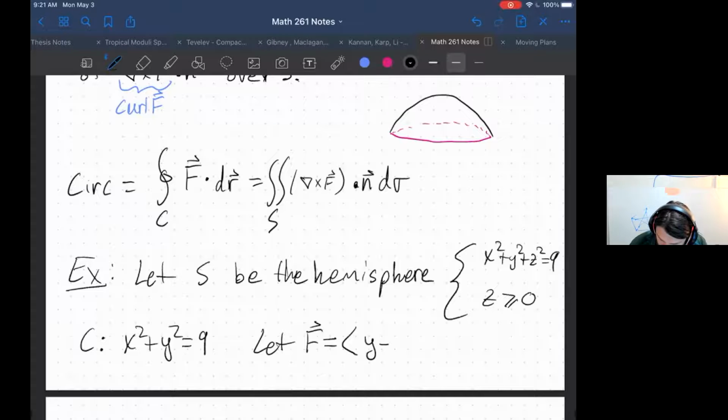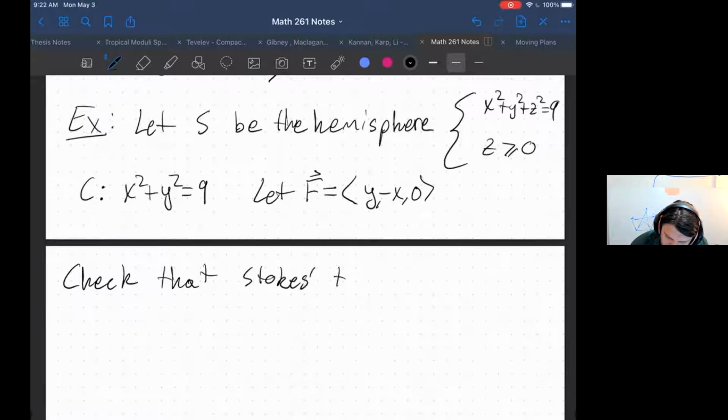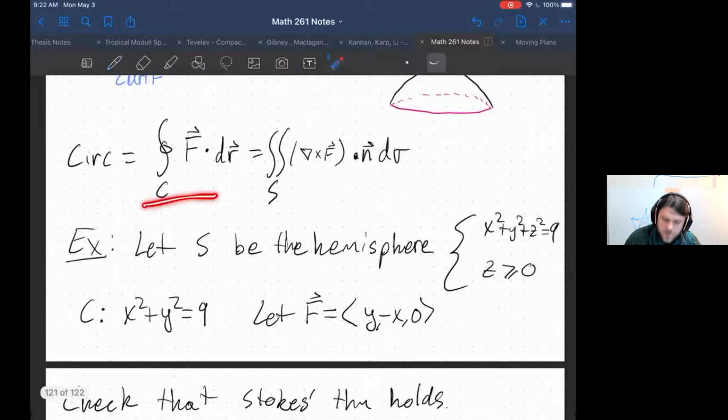Let F equal y, negative x, 0. And we want to check that Stokes' theorem holds. So we're going to compute both sides of this. Okay, so for part A, we're just going to check the left side.